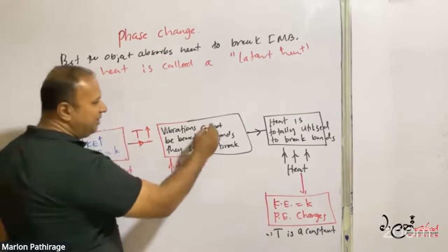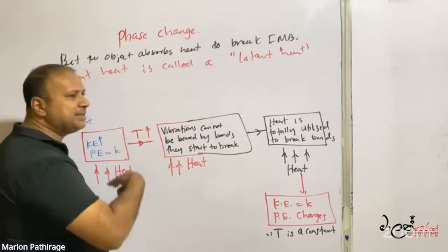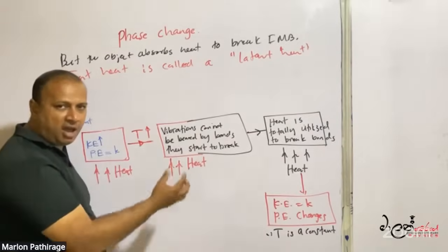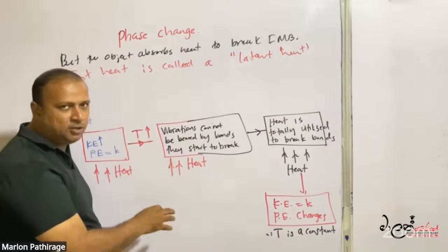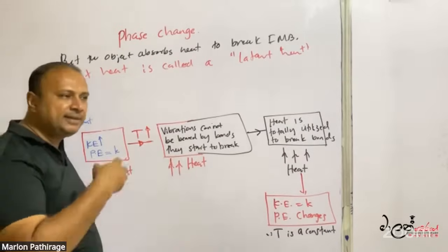Suppose this is a solid. Now the solid is converted into a liquid. Liquid means another material. So after full conversion of the solid into a liquid, it will act as another material.